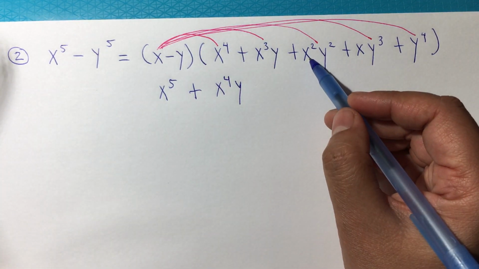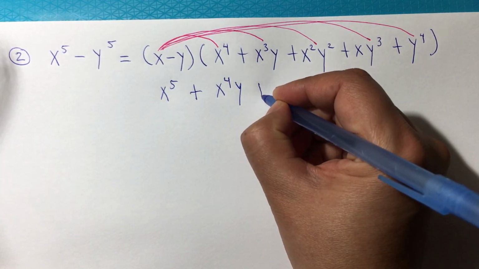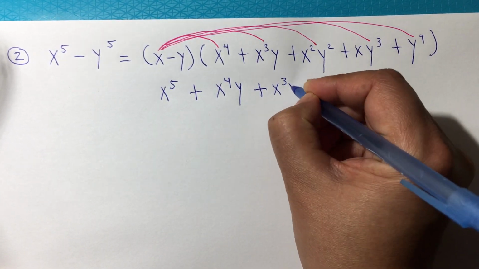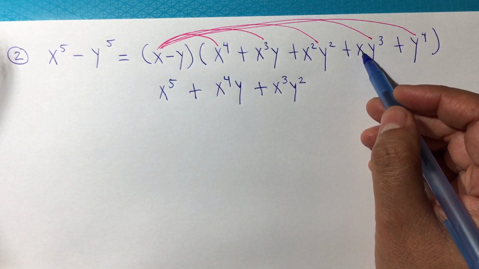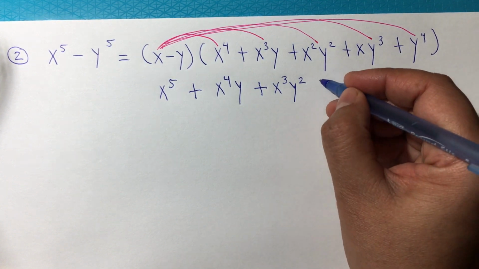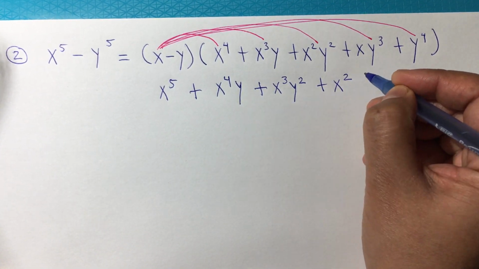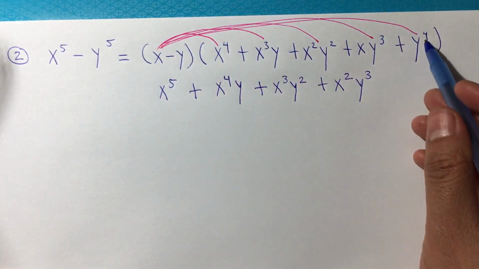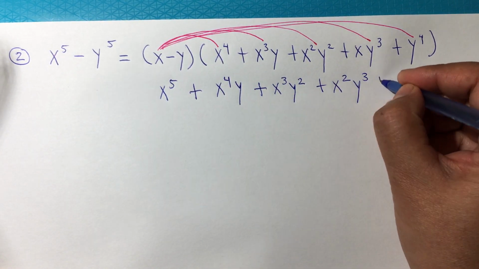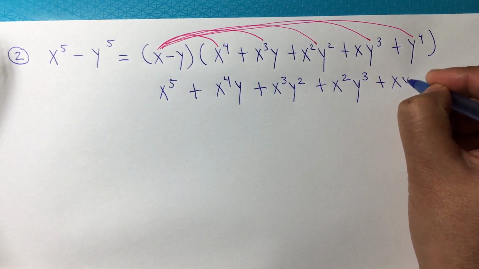X times x squared y squared is x cubed y to the 2nd power. X times x y cubed is x squared y cubed. And x times y to the 4th, that's x y to the 4th.